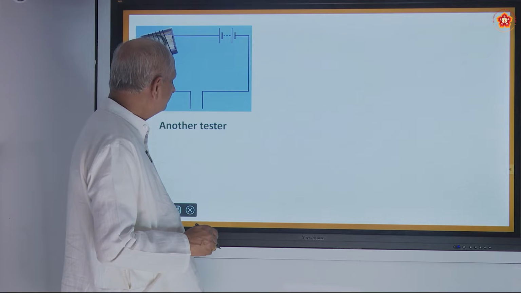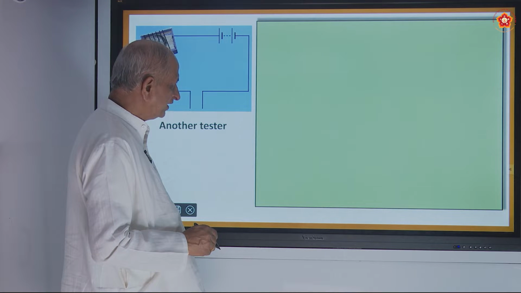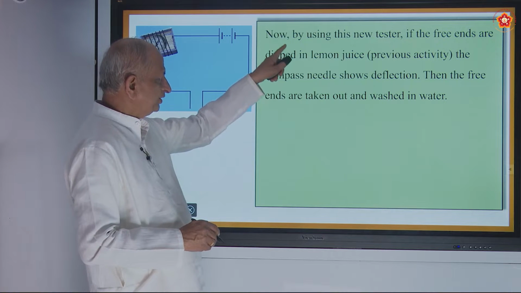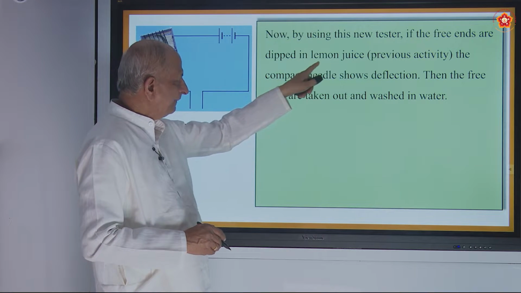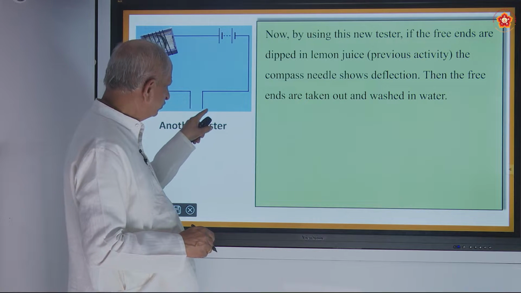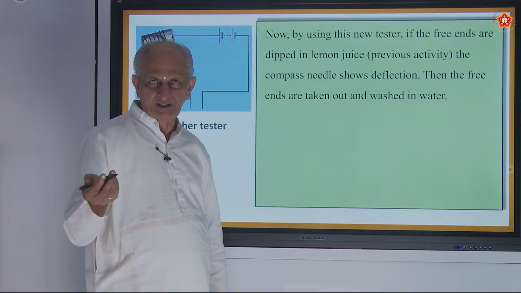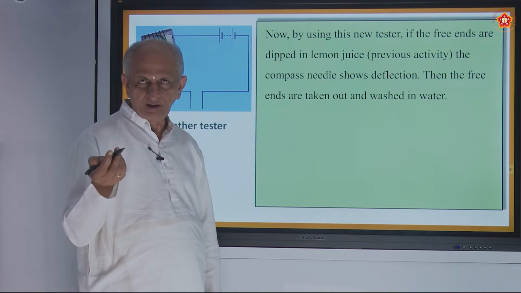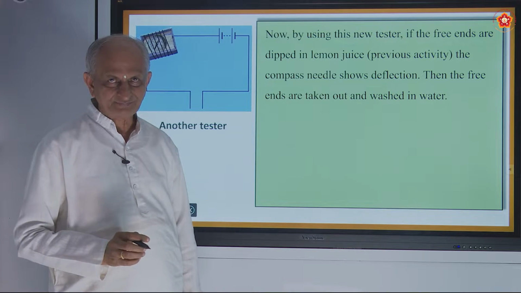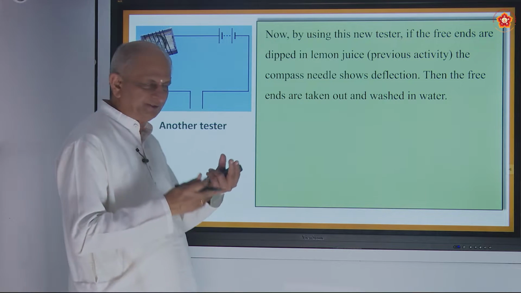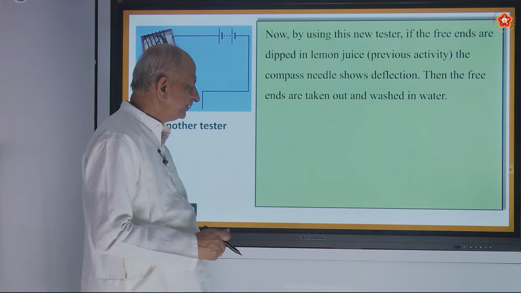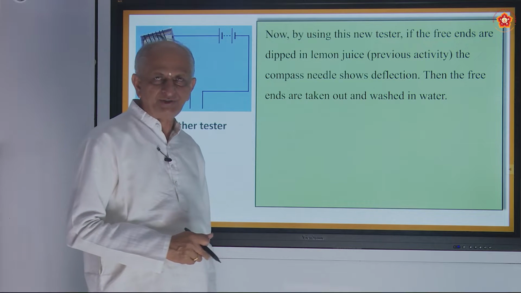So how to use it in the activity which you studied last time. Now by using this new tester, the free ends are dipped in lemon juice. Like last time, you take lemon juice, or acetic acid in solution. What do you call it? Vinegar. You take it in a plastic lid and dip these two free ends, taken out and washed in water.